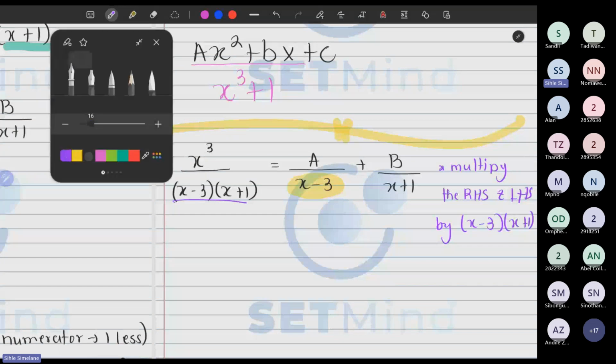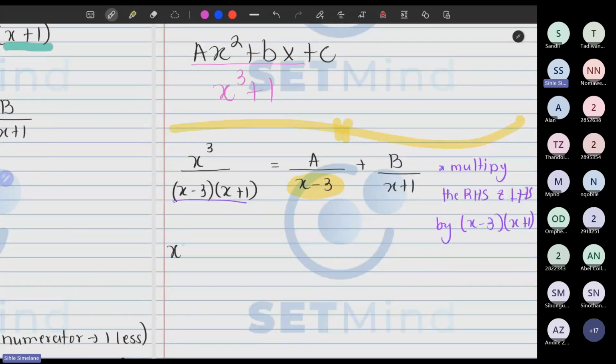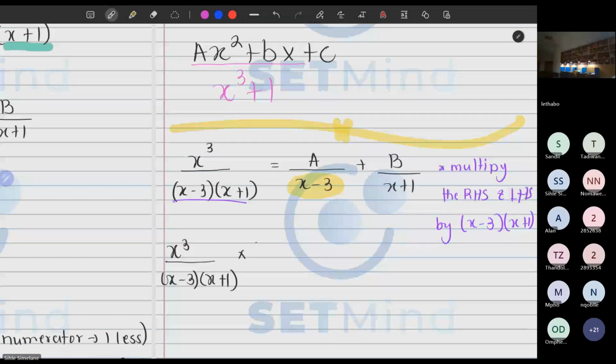So when we do that multiplication, you will see that we'll have x cubed over x minus 3, x plus 1, x minus 3, x plus 1. You will see that what we will have is a over x minus 3. I will multiply by x minus 3, x plus 1.